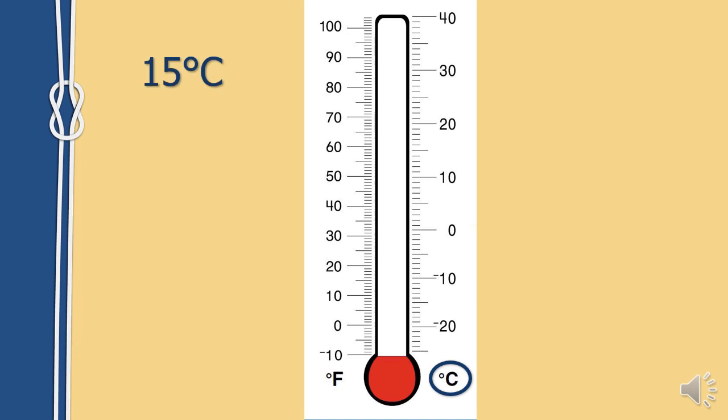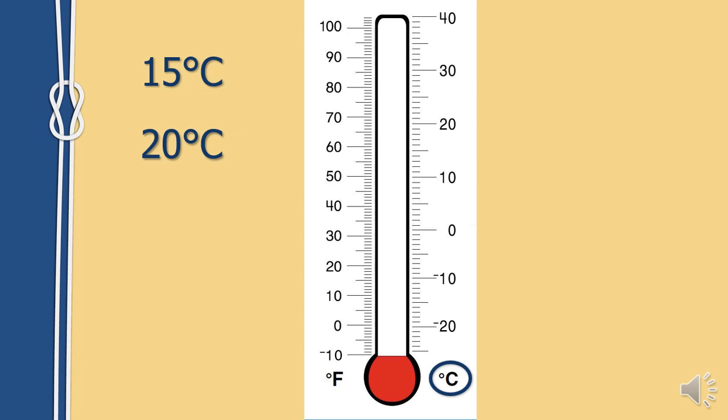Can you find 15 degrees Celsius? You try to find it. Start at the 0. You can go up to the 10. And then 5 more, we put it at the line halfway between the 10 and 20 degree mark. How about 20 degrees? Okay, that one's pretty easy.